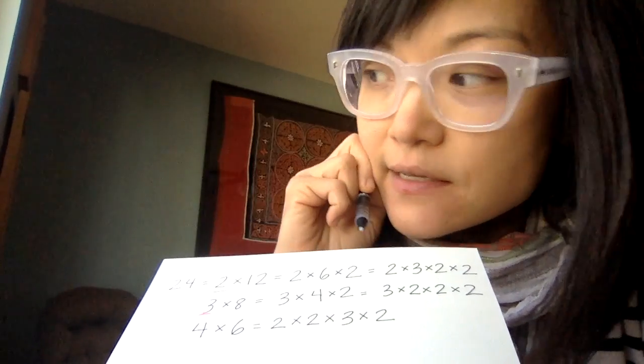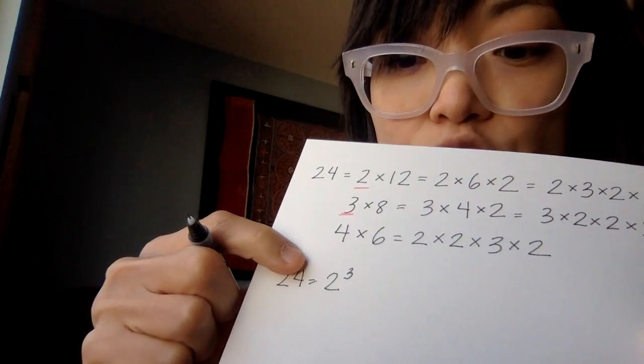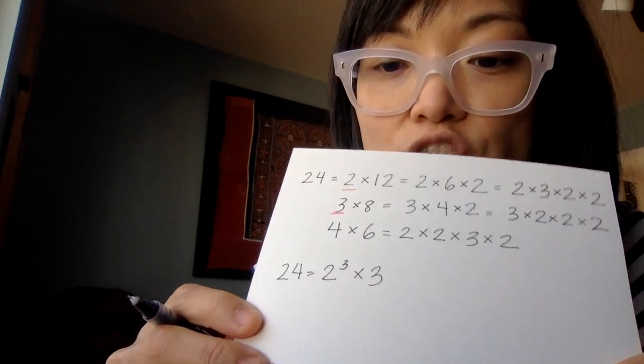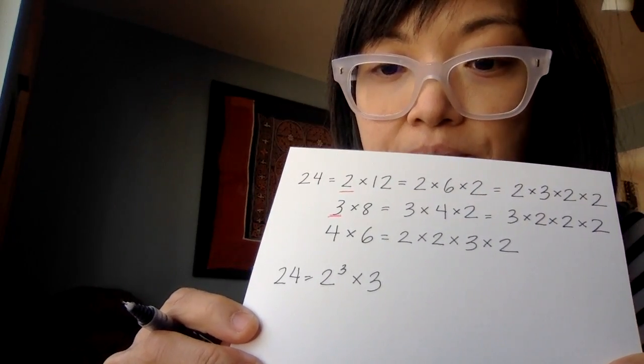So we are going to say that 24 is equal to 2 cubed, 2 times 2 times 2, times 3. 24 equals 2 cubed times 3.